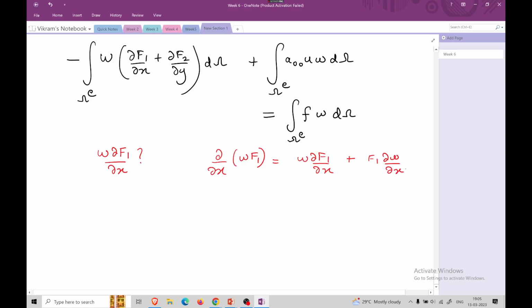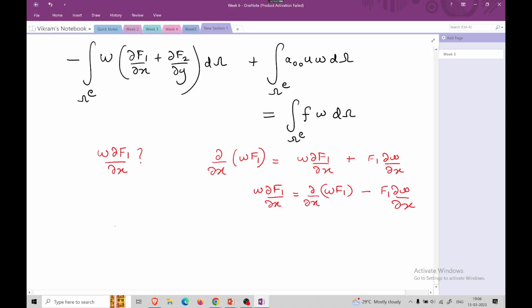I am trying to reduce the integration requirement, which means I am now expressing in the weak form, reducing the differentiability requirement for f1 by doing this chain rule. So I can now say my w of dou f1 by dou x is equal to dou by dou x of w f1 minus f1 dou w by dou x.